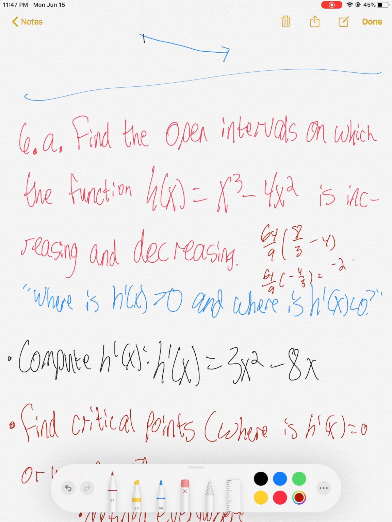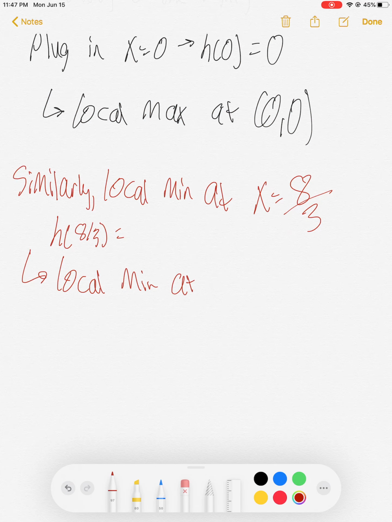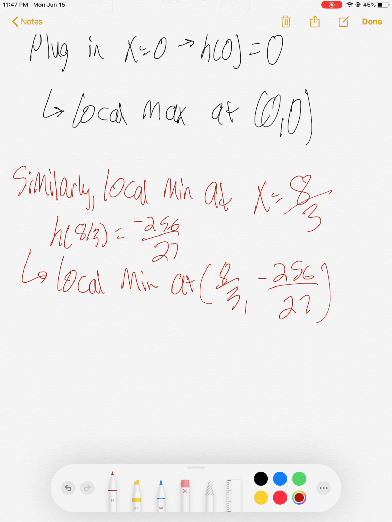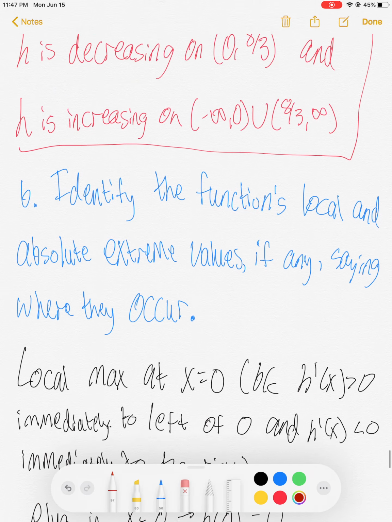So I get 64/9 times 8/3 minus 4. So that is 64/9 times 8/3 minus 12/3, 64/9 times minus 4/3 equals negative, I want to say that's, no, it's 256. Negative 256/27. There we go.